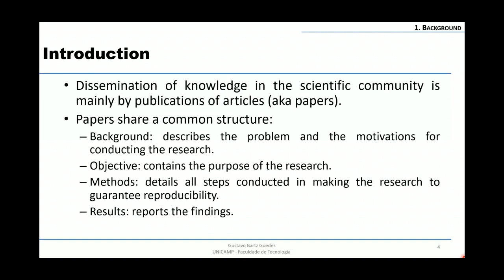Also the objective that contains the purpose of the research, the methods that detail all steps conducted in making the research, and are also necessary to guarantee reproducibility. And finally, the results that report the findings.